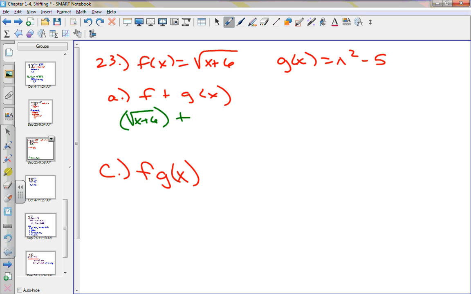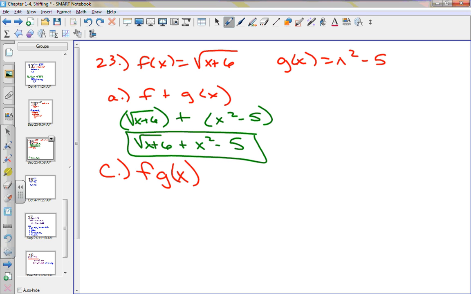What's g? Do I need the parentheses? No. Why would I put parentheses there, though? If you're subtracting, you have to do what with the subtraction sign? Distribute it. So I don't need them, so I drop this. And there's f plus g.